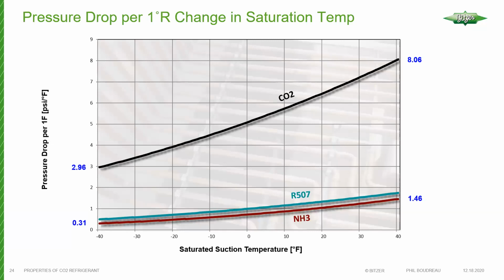For similar refrigerants such as 404, 507, 448, 449, and ammonia, it's down around approximately a third of a degree. And if we look at +40, you would need an 8-pound pressure drop in order to have a 1 degree drop in saturation temperature, whereas with other HFCs and even ammonia, it's approximately 1.5 psi to see a 1 degree drop in saturation temperature.